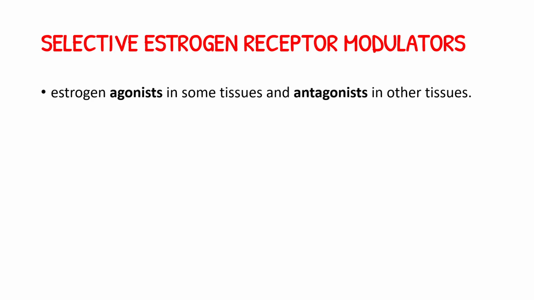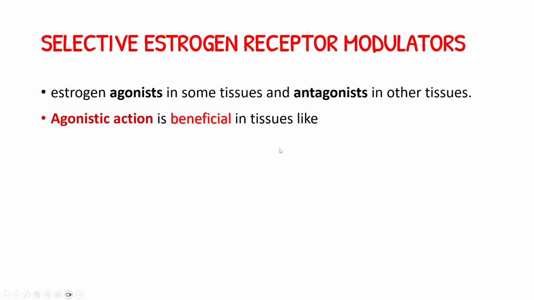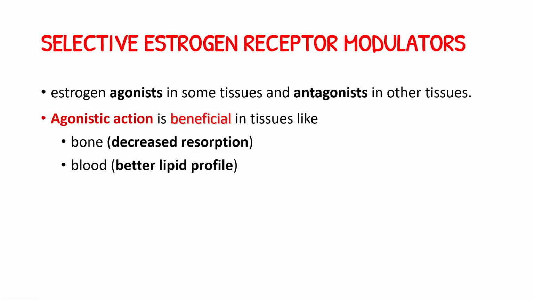Coming to the SERMs, basically they have estrogen agonistic activity in some tissues, and they have antagonistic action on other tissues. Usually the agonistic action is beneficial in tissues like bone, where there will be decreased resorption, which prevents progression towards osteoporosis.